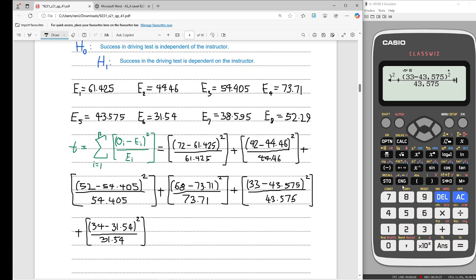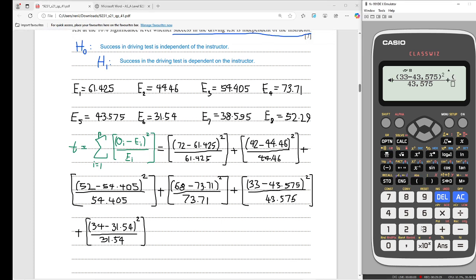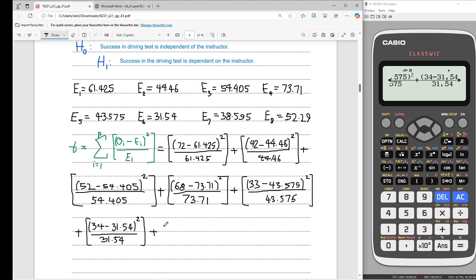Plug this in the calculator, which is 34 minus 31.54 whole squared, divided by 31.54.